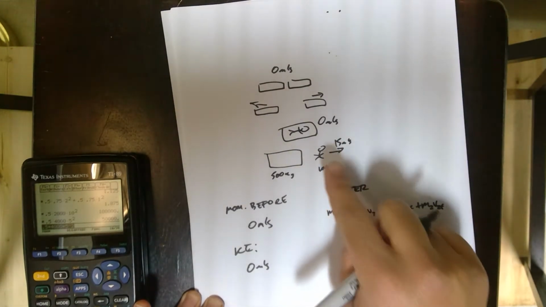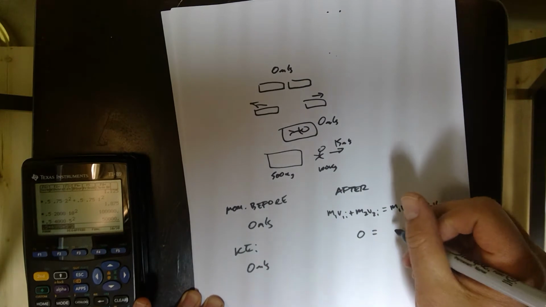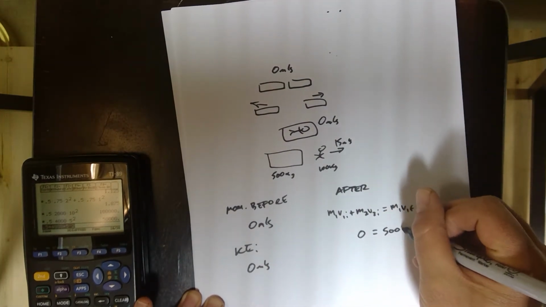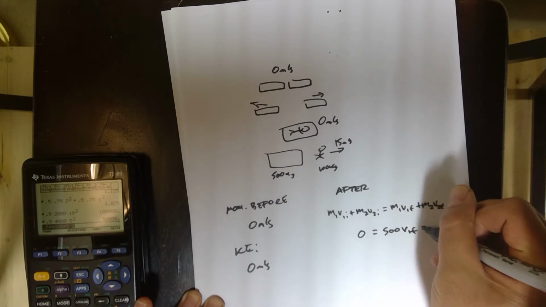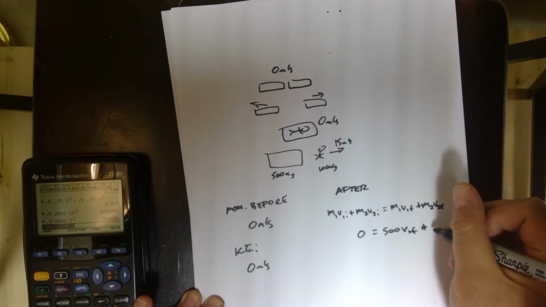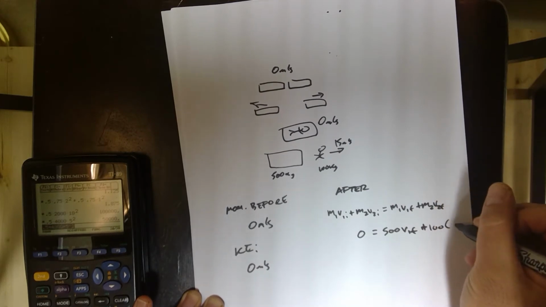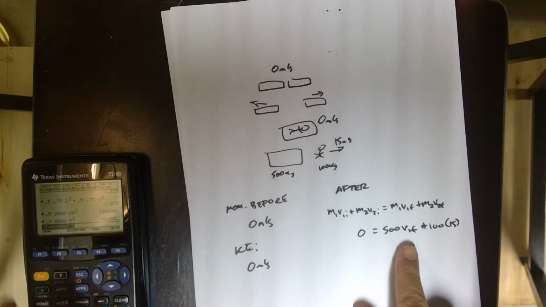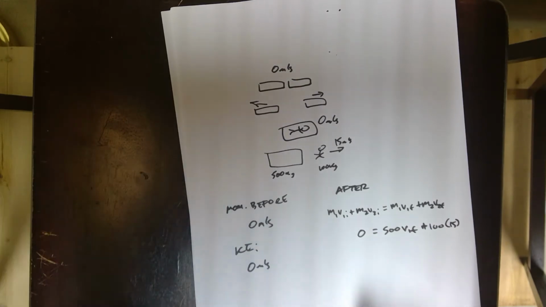But we look and we see our clown here, he's got some velocity to him. So our cannon, we don't know what that velocity is. Let's call it v1f. But the clown here, his mass is 100. It's moving at 15. We can do this math. We can solve this. All right, one unknown here.